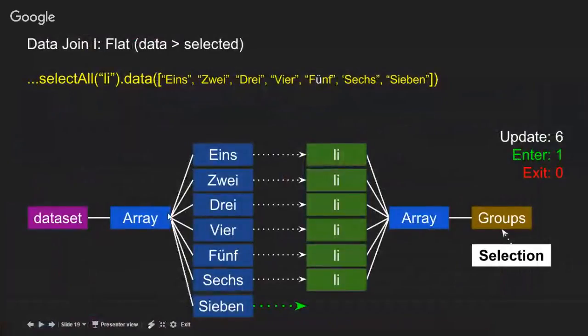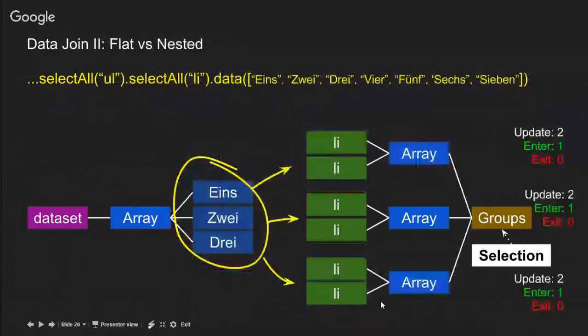So if you have a flat selection, just a regular LI, six LIs, you have a flat selection for your arrays, and it's pretty apparent what goes in and out on the selections. But what happens when we did a multiple selection on the UL and LIs, and we grouped them up into their own section?